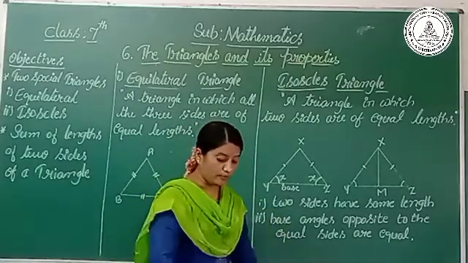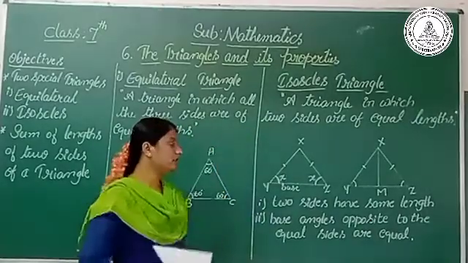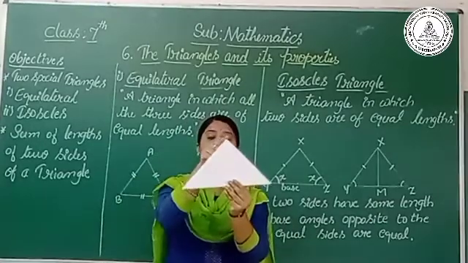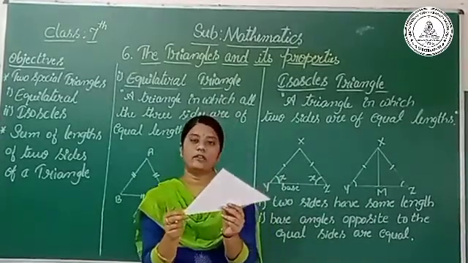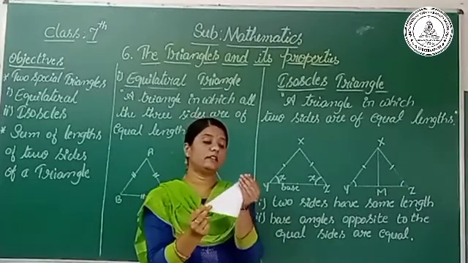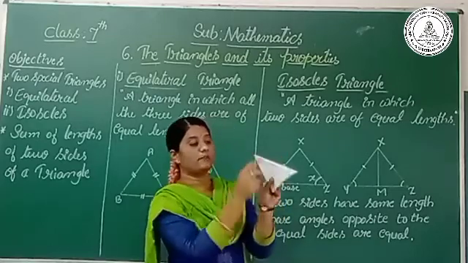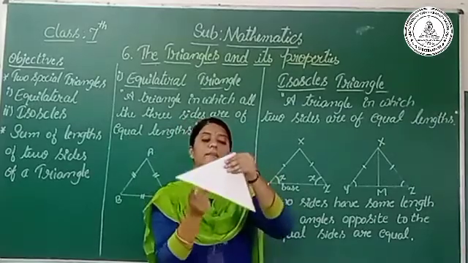Here I have made an isosceles triangle model. You may observe that these two sides are of equal length. How do we find out the equal length? Just fold it and you will get exactly the midpoint. You may observe that these two sides are equal in length, and here is the base side.